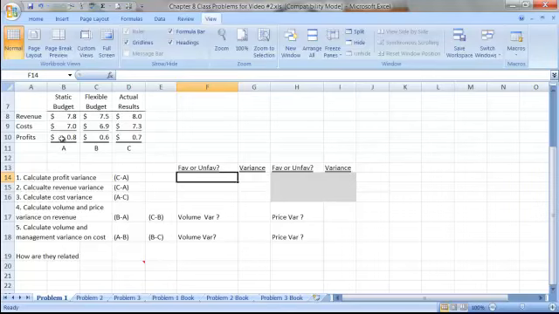We thought we'd have a profit of 0.8. We actually had a profit of 0.7. So that would be unfavorable. So I would recommend you just do that and just indicate it as unfavorable. Now, the variance amount would be, and I've even put it here for you, column C minus column A.